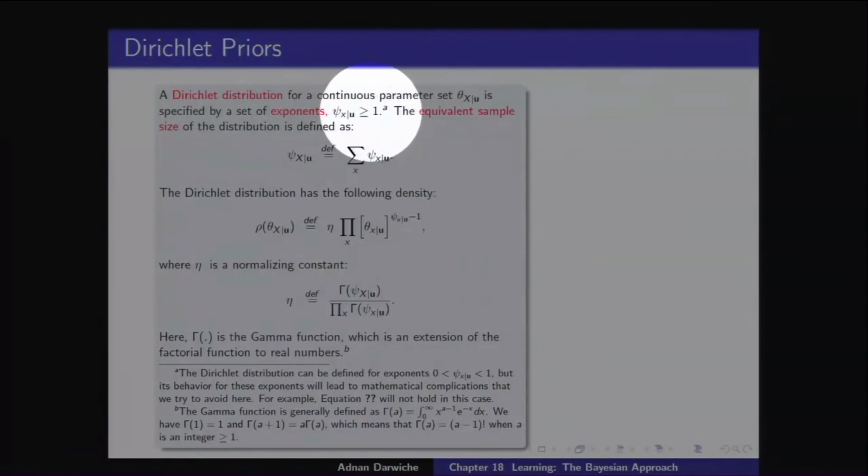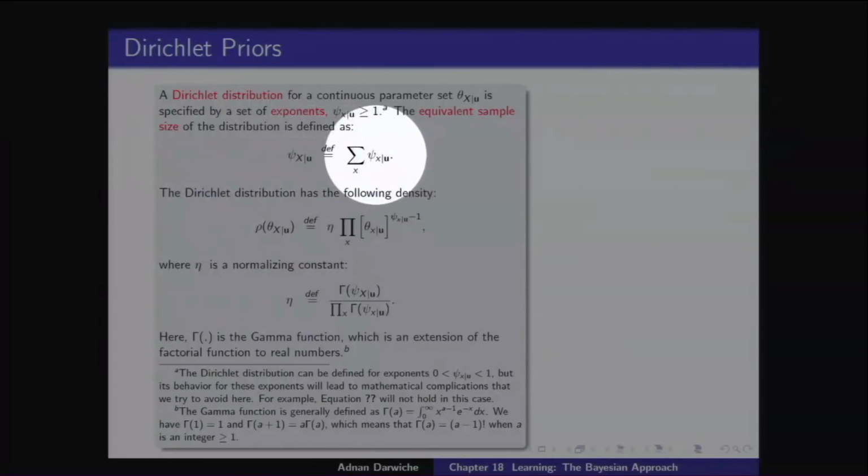We're going to assume the exponents are greater than or equal to 1. You can deal with situations where the exponent is between 0 and 1, but that complicates things. For example, it will no longer be unimodal and so on. So we're going to avoid that. Now, as we said, the equivalent sample size is simply adding up the exponents. So look at the notation here, because it's going to be used next.